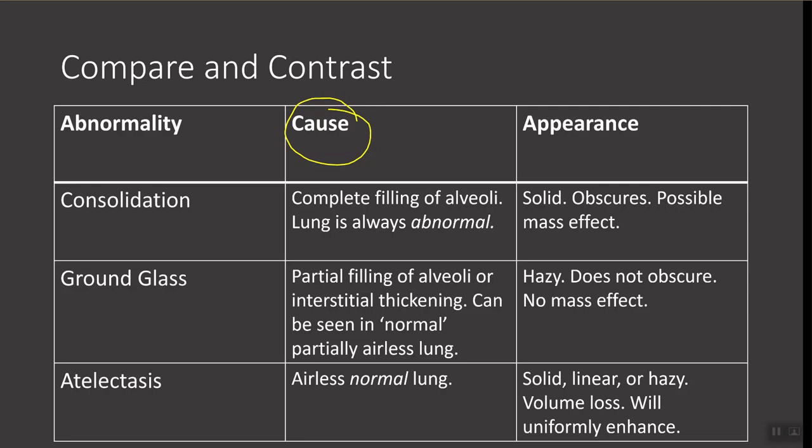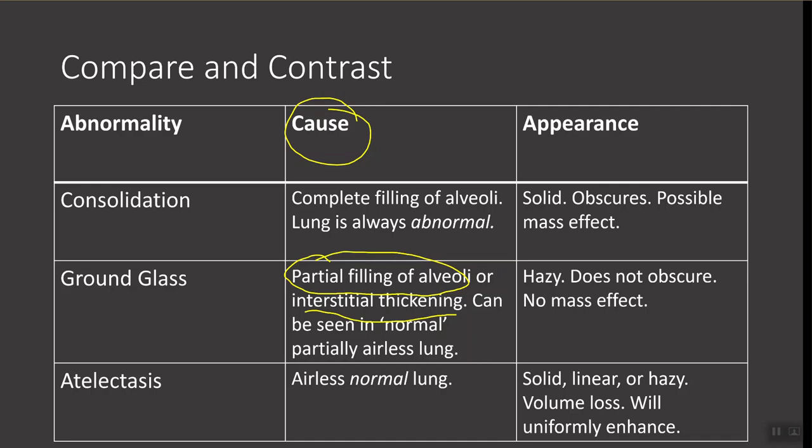Ground glass opacity, on the other hand, can represent a couple things. It can represent partial filling of alveoli, so not complete filling. It can also represent interstitial thickening. And in fact, when you take a look at lungs that have been biopsied or explanted, the majority of ground glass opacity that we see on CT is actually interstitial thickening, not airspace disease.